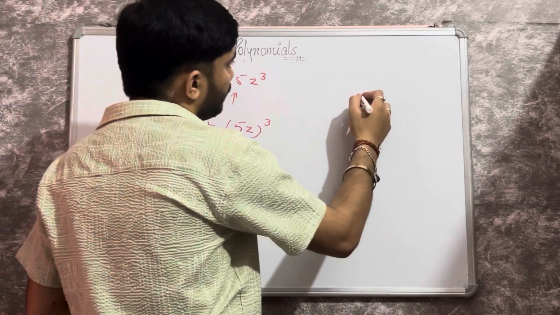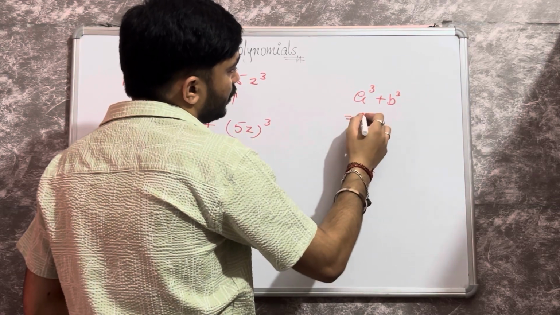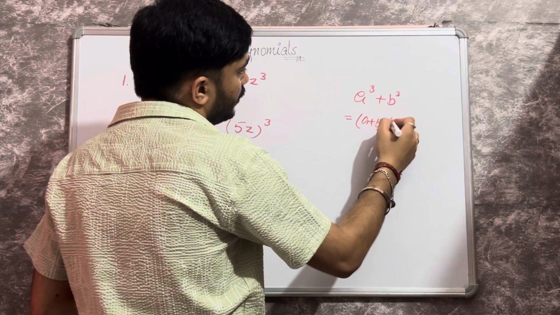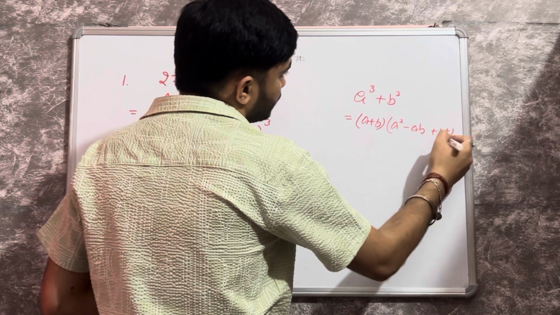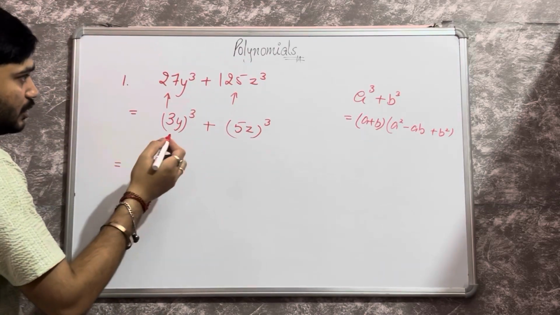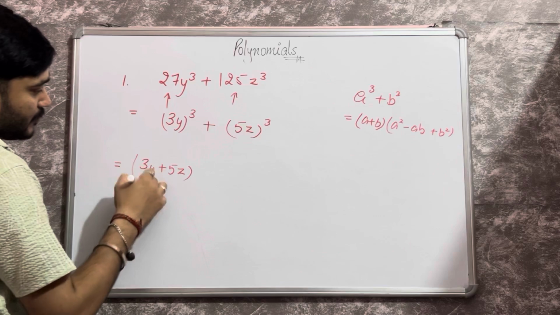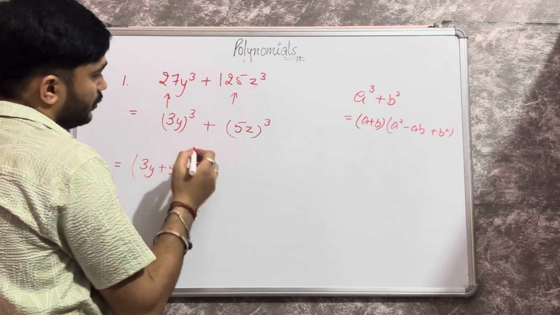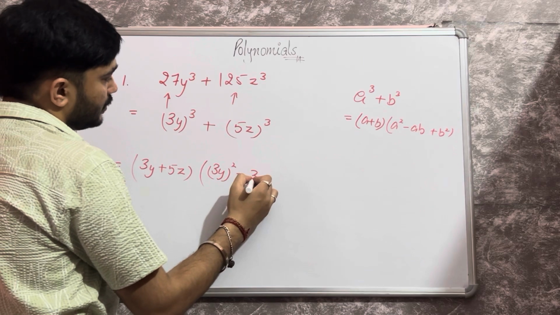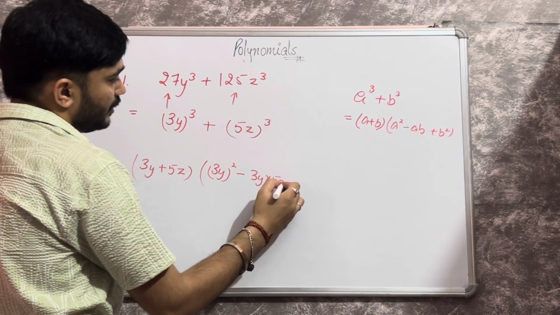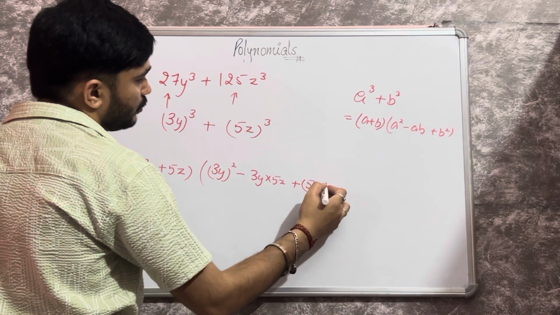Now you are going to apply the formula here, that is a cube plus b cube is equal to a plus b into a square minus ab plus b square. So our answer is going to be 3y plus 5z, bracket on 3y whole square minus 3y into 5z plus 5z whole square.